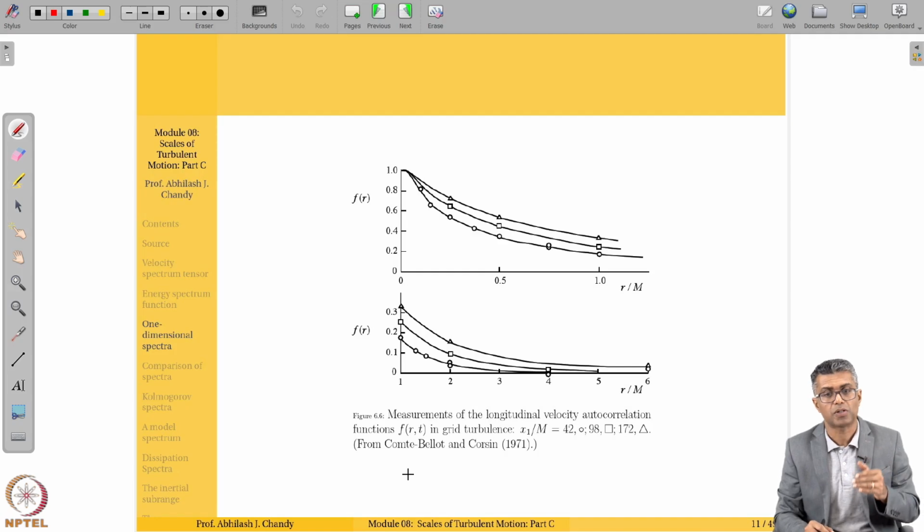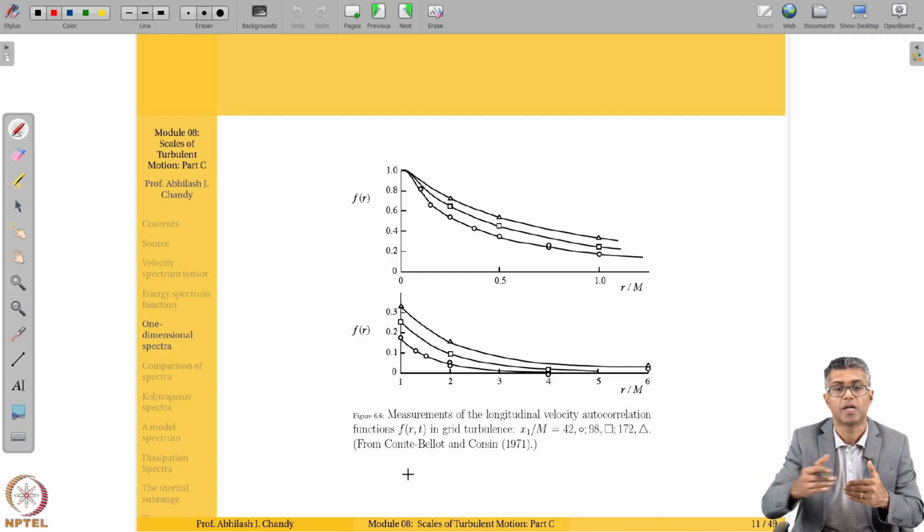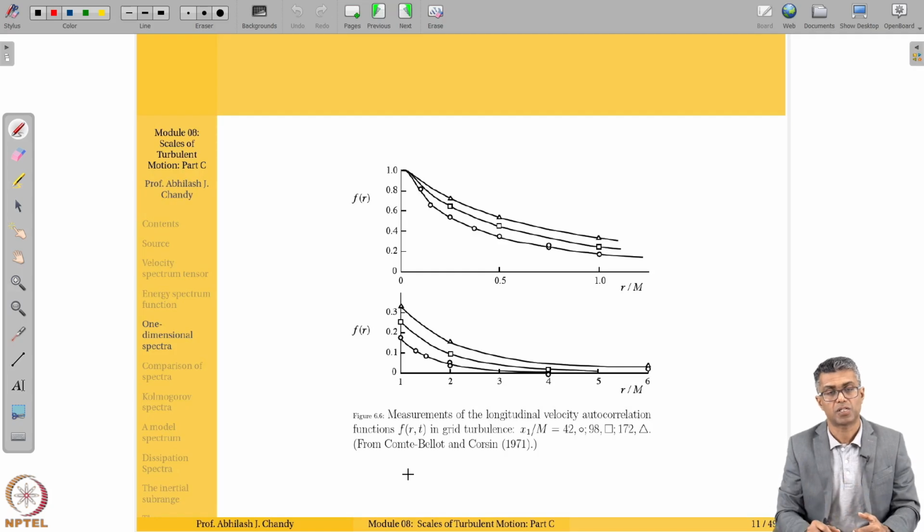These different symbols represent the different locations in the grid turbulence and how it evolves with the spacing r. As expected, we expect the longitudinal autocorrelation function in this case to diminish as r gets larger and larger, and that is why it is a decreasing function.